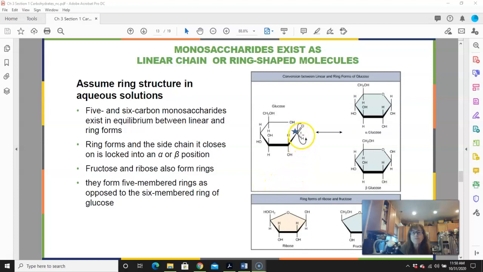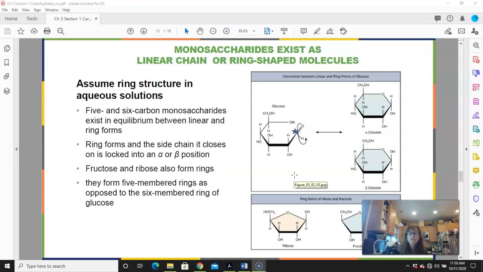But it's at that point where this is going to cyclize, where it's going to form this ring structure, right here. And this is called an anomeric carbon. So where the ring forms, that carbon where the ring is going to be formed is called the anomeric carbon.